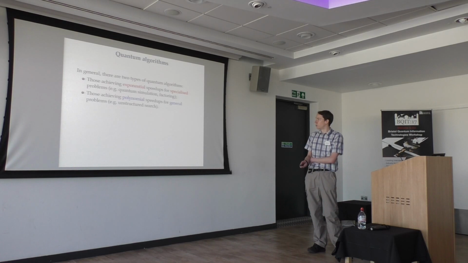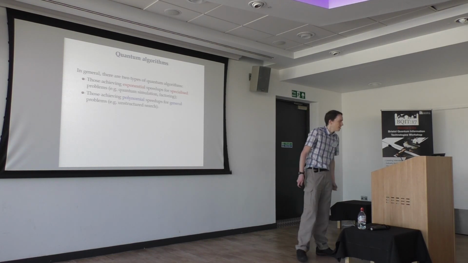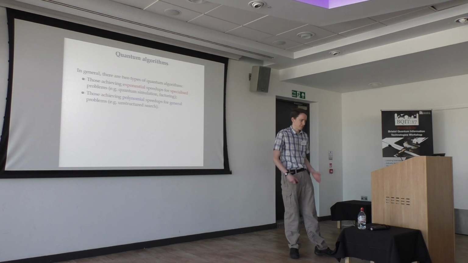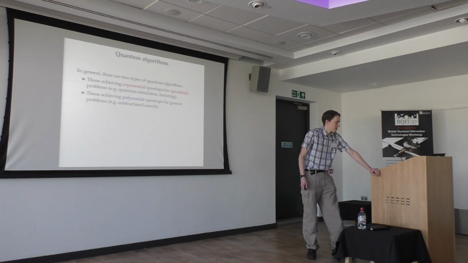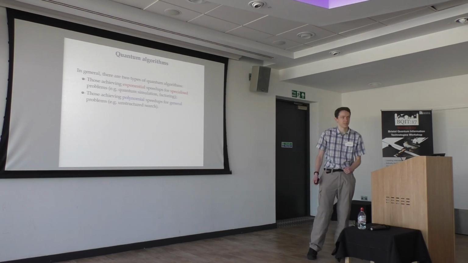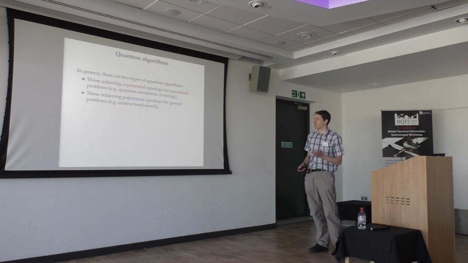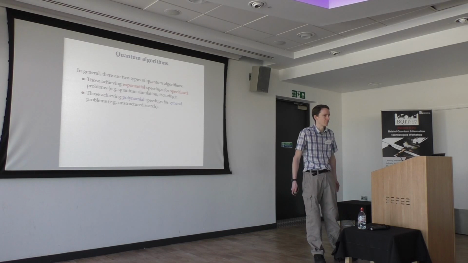And also algorithms which achieve some kind of polynomial speedups, as in the quantum runtime might be the square root of the classical runtime or something like that, for some more general problems, like, for example, unstructured search via Grover's algorithm. This is perhaps not a very precise classification, but it's a good intuition to have that we have these two types of quantum algorithms in general.